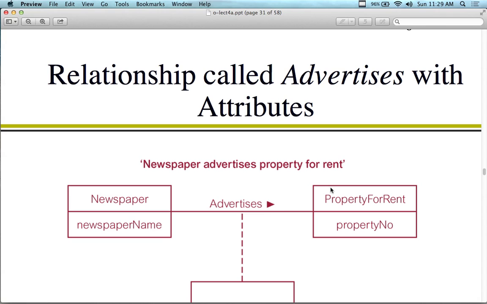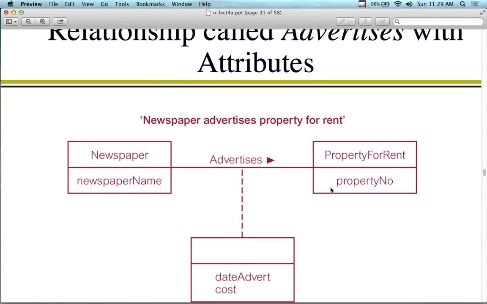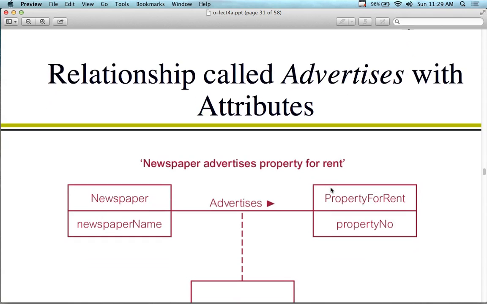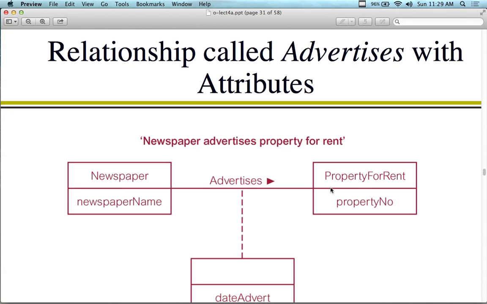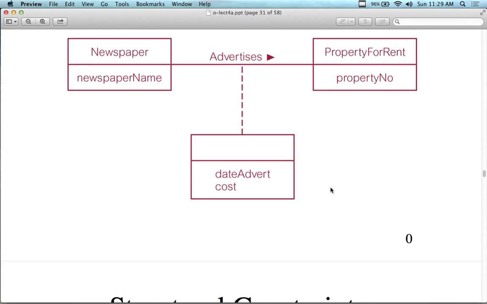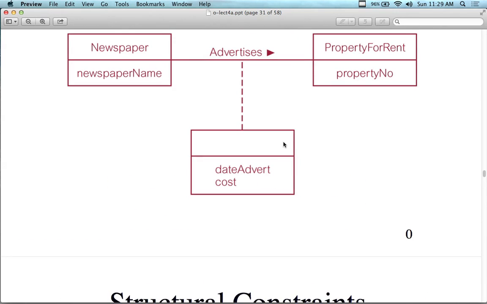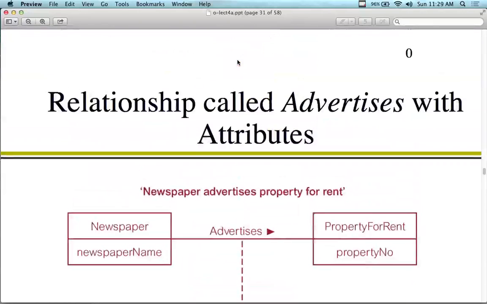So you might have a relationship table that actually comes up showing you which employee belongs to which dependent, if that were the case. But anyway, long story short, that's another way to make a relationship table out of a relationship. So, what do we have here? Advertises them. Oh, this is an attribute that belongs to the relationship in here as well.